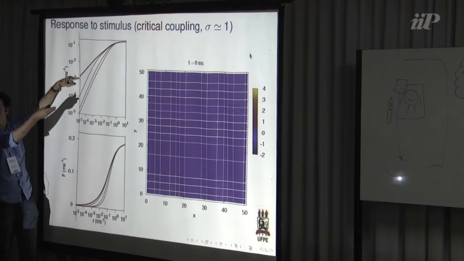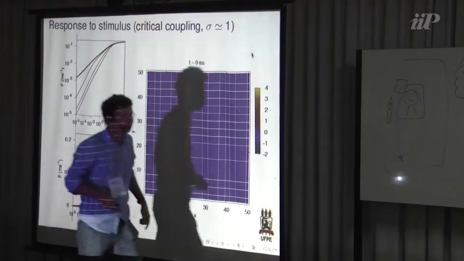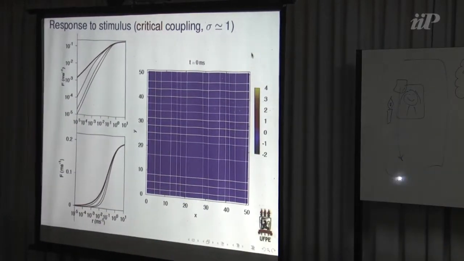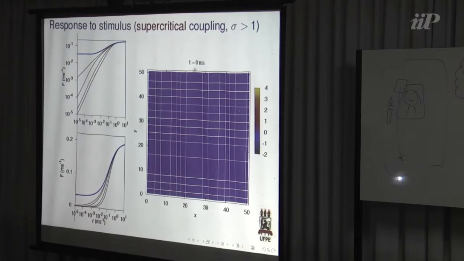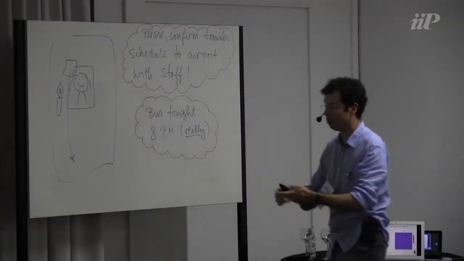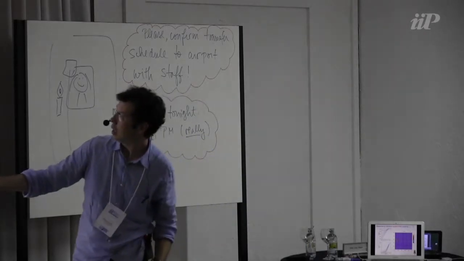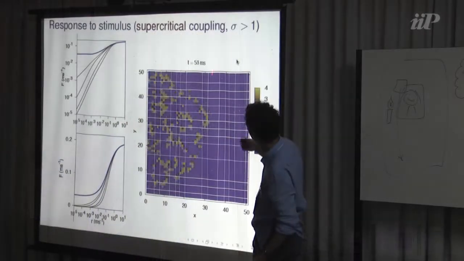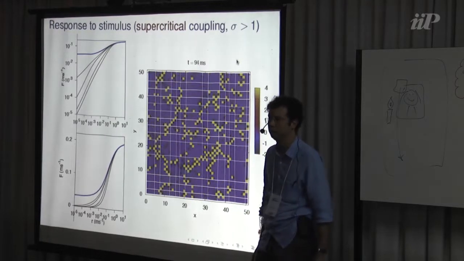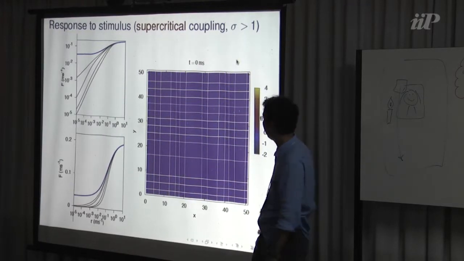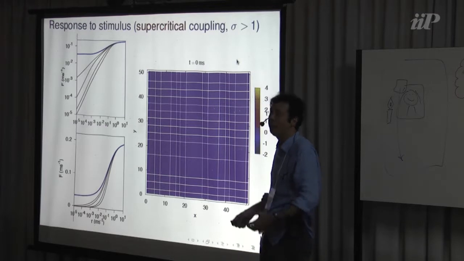If I keep increasing the coupling, now I'm supercritical. What this means is that if I stimulate with a very weak stimulus at 17 milliseconds, now I have so much coupling that this will generate a wave which will go on forever. So this is self-sustained activity, which can take several forms.